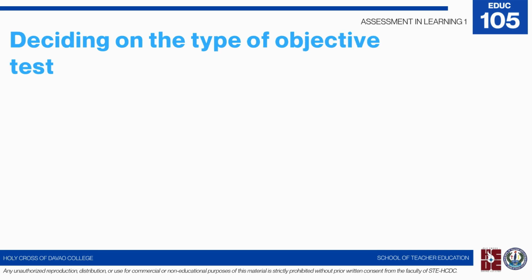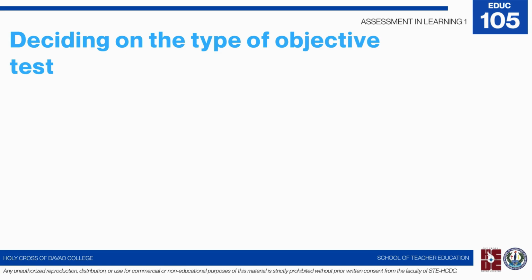Now, deciding on what type of objective test will be used. In this regard, remember that when we say objective test, the student will just have one answer expected. Now, I also included here the subjective type of test in which we can have the essay, the completion exam, for example, the constructed response, in which the essay and the problem solving.